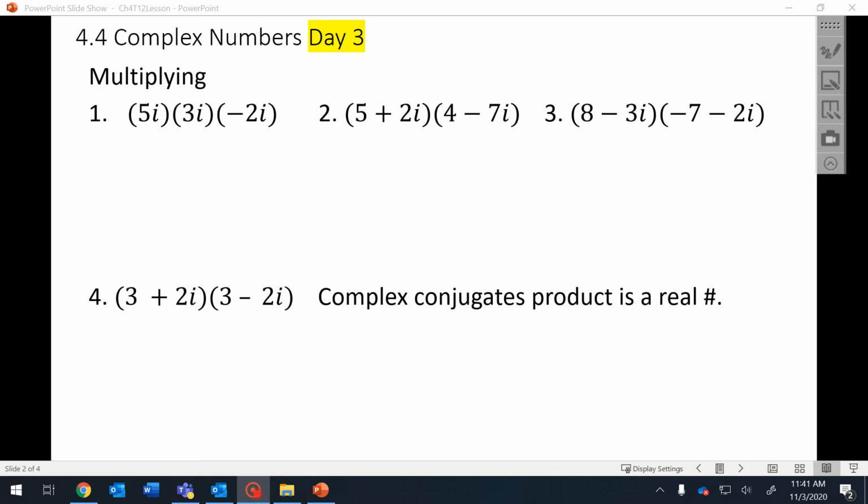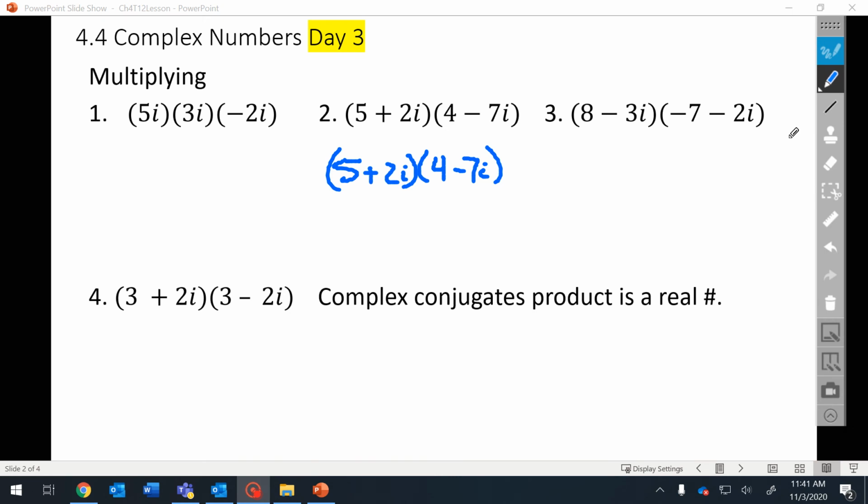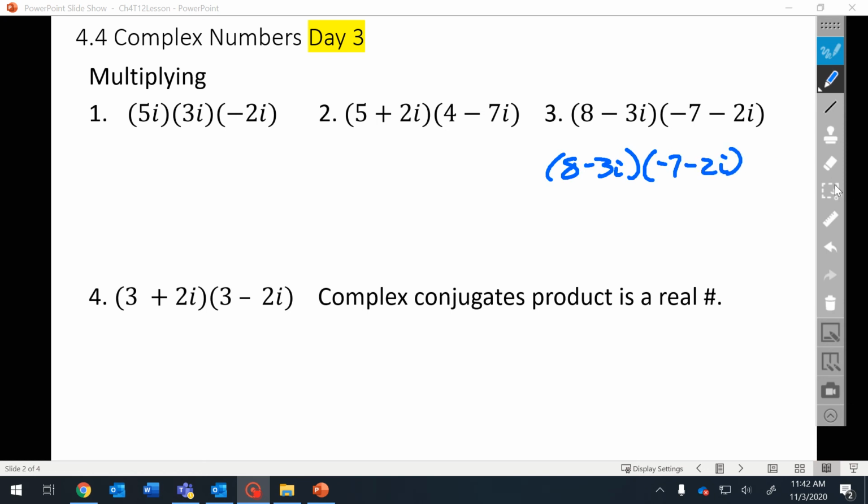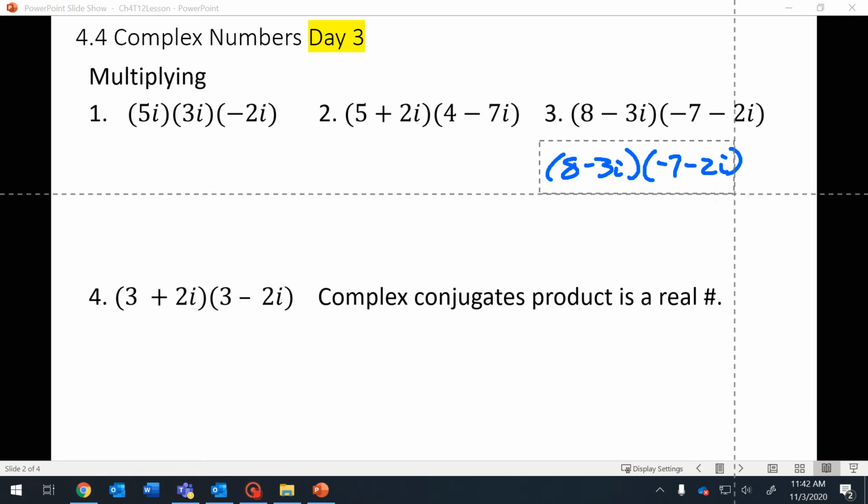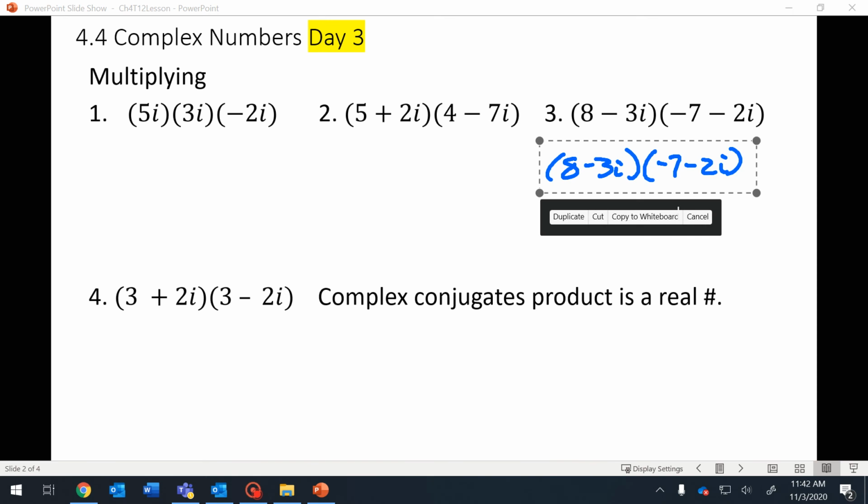Alright, let's take a look at number 3. 8 minus 3i, negative 7 minus 2i. And we want to find the product of these two.